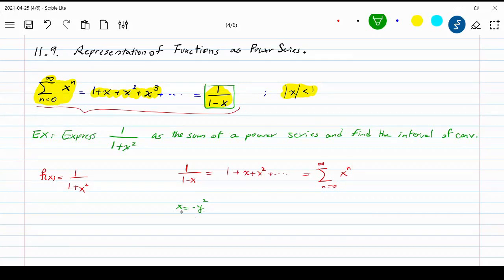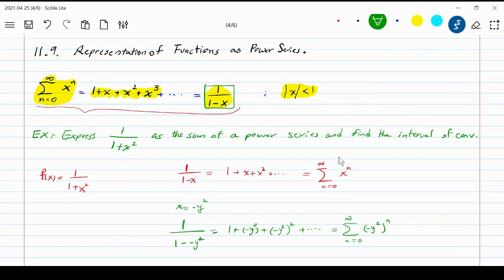On the left side, you would have 1 over 1 minus negative y squared, and on the right side you would get 1 plus negative y squared plus negative y squared squared and so on, which is the same as the summation of negative y squared to the power n as n goes from 0 to infinity.